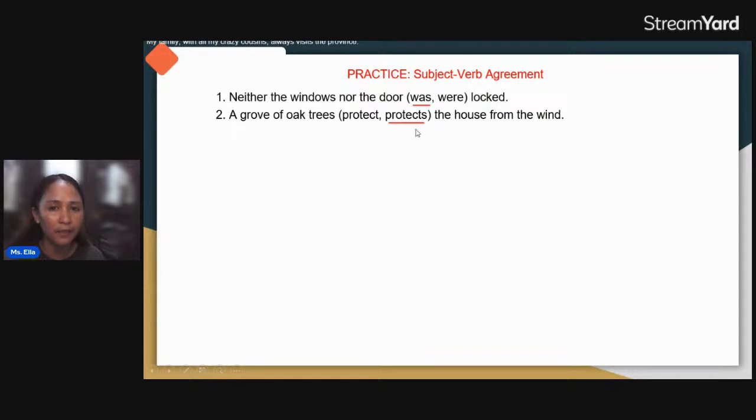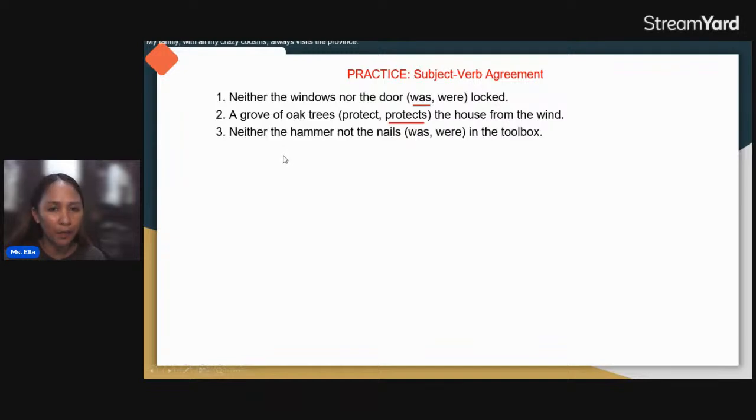And protects is a singular verb. A grove of oak trees protects the house from the wind. Oak trees is a plural noun, but since it is paired with a grove of, we take a singular verb. Okay, please remember that.